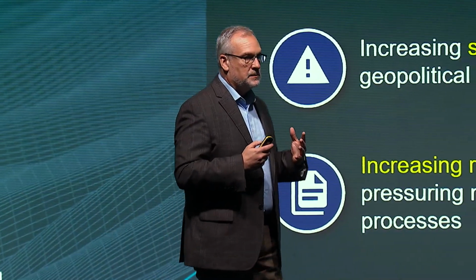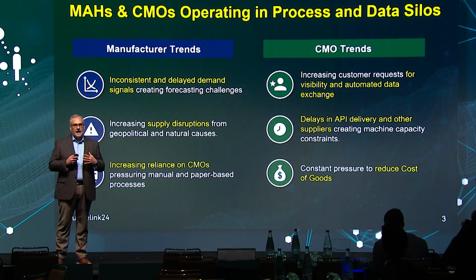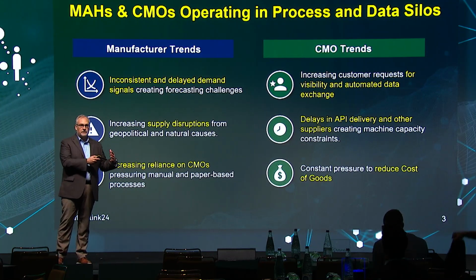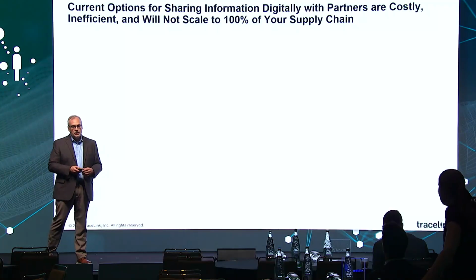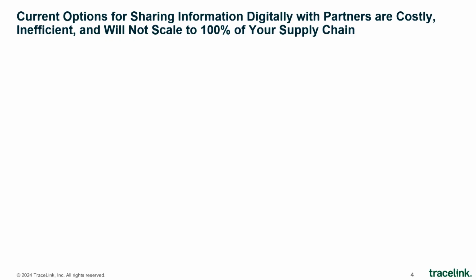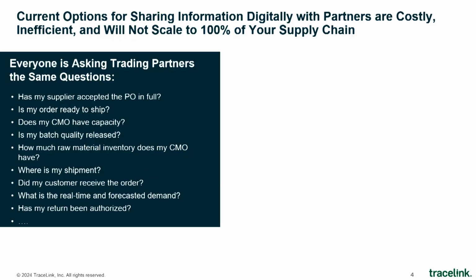So that's the environment that we're in, and it really speaks to the fact that the processes we've used for many, many years just don't scale anymore. What we do find, though, is everybody's asking for a lot of the same things.